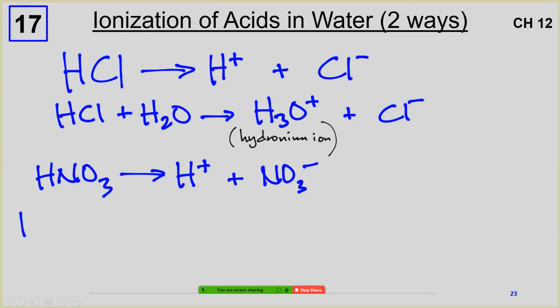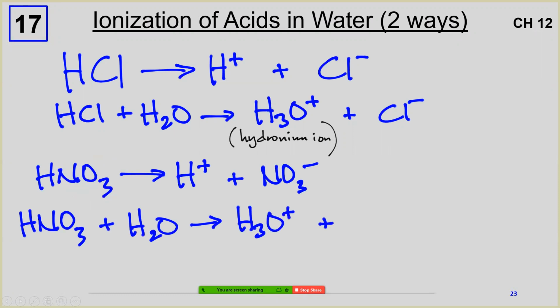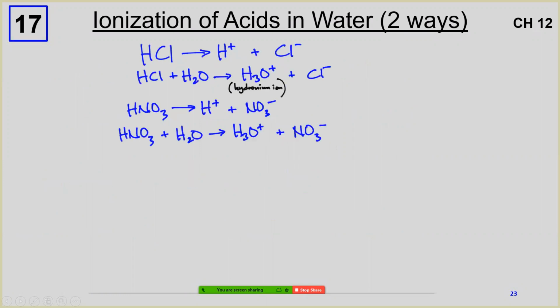Another way is including water in the equation, HNO3 plus H2O. And you get H3O plus and the nitrate ion. All right, and we can show you another example here. Let's say sulfuric acid, H2SO4.